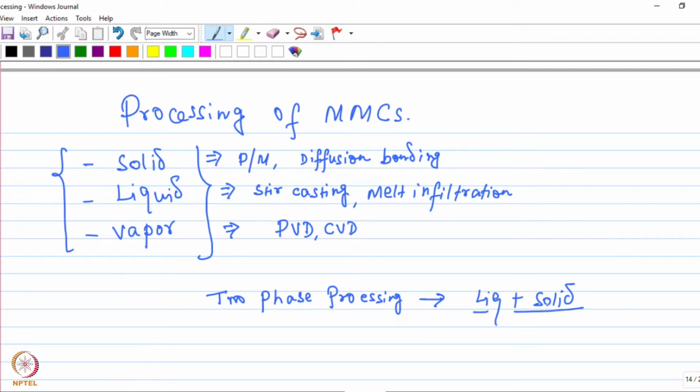So in this class, we are going to talk about some of these methods of two-phase processing of metal matrix composites.